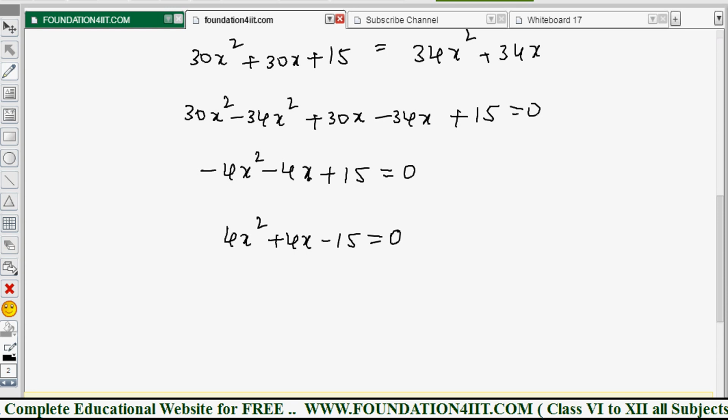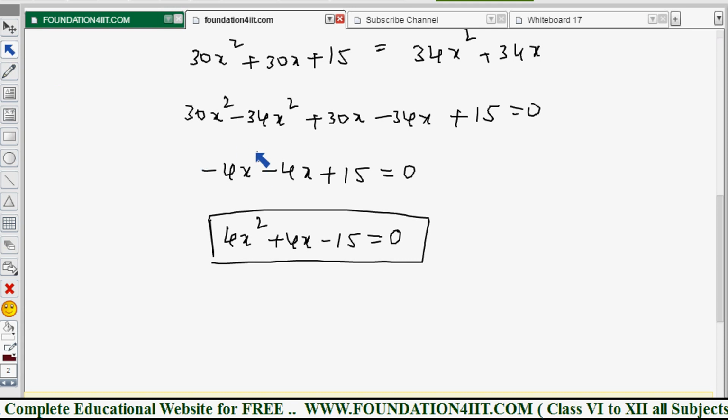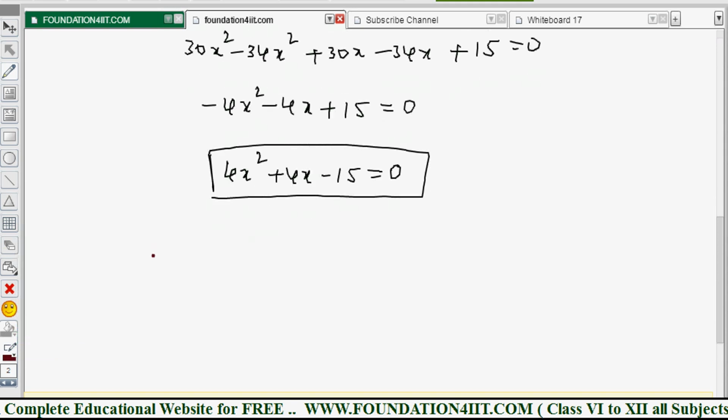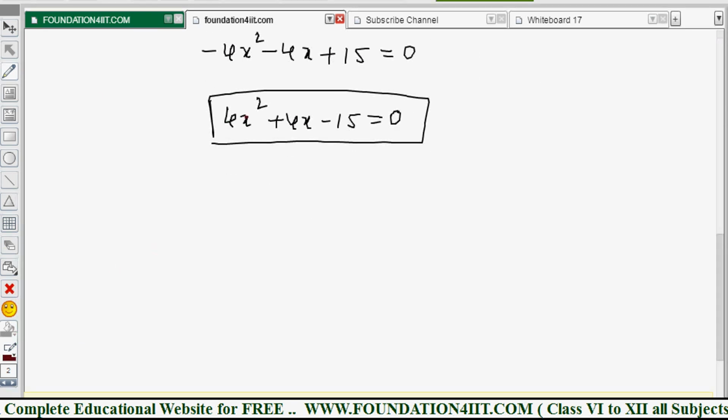Every time, this is important, make the x square coefficient positive. In case it is negative, just interchange the signs of all the terms. That's it. Now you can do normal factorization. That is 4 into minus 15 is minus 60, right? Plus 4 is what we need if we add.